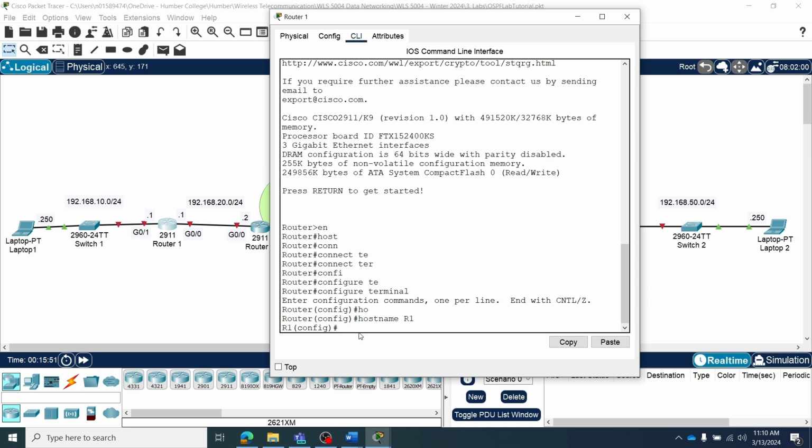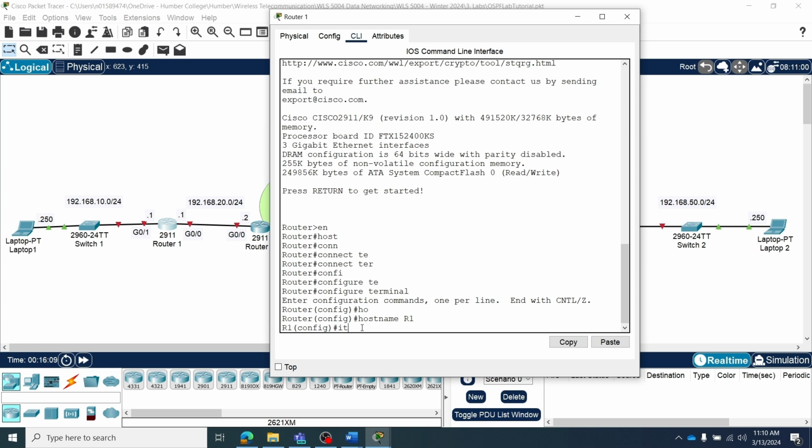Now we'll configure the IP address on two of its ports: interface gigabit Ethernet 0/1 and gigabit Ethernet 0/0. So let's go to the interface mode so that we can configure the IP addresses.